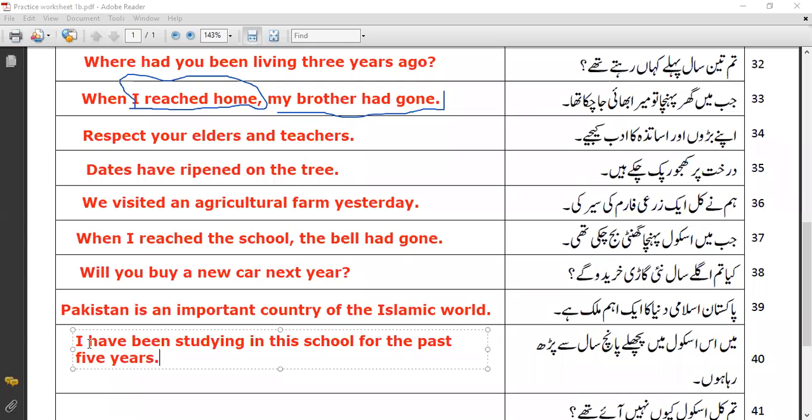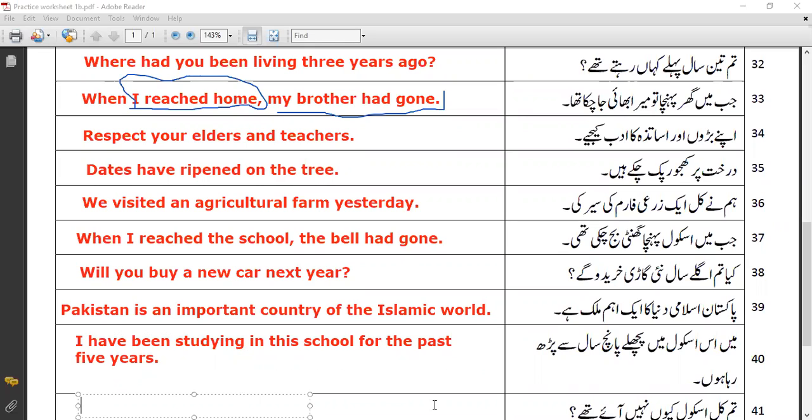Perfect continuous sentence can be a present perfect continuous sentence, a past perfect continuous sentence, or a future. In this case, it is a present perfect continuous sentence. So you will write, I have been studying in this school for the past 5 years. Coming on to the next one.